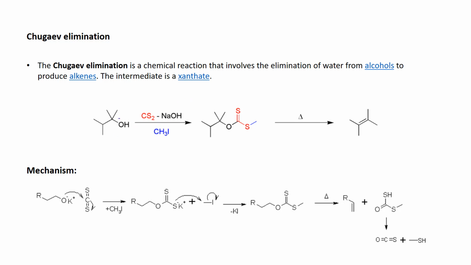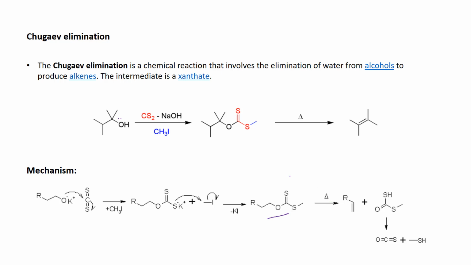This NaOH will take up this proton, then O minus will attack this carbon disulfide, forming this xanthate. After that, S minus will attack this CH3I and we will get this thioester compound.